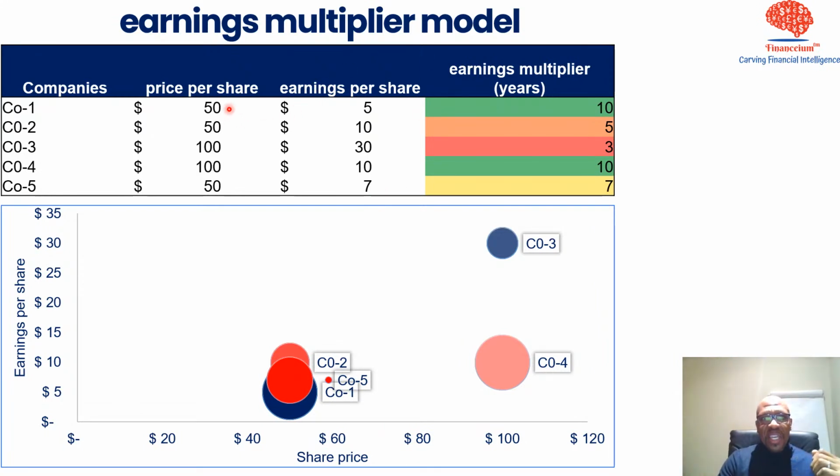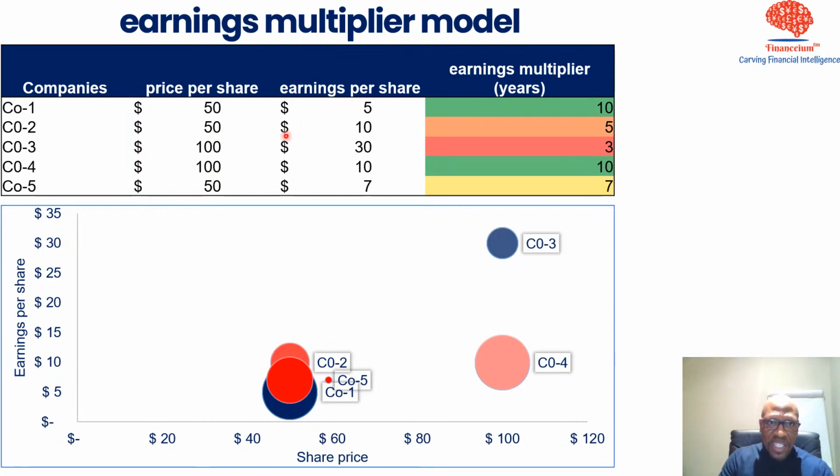So we look at the first company, where you've got a price per share of $50 and earnings per share of 5. You can see that the earnings multiplier here is 10 years. It basically says this company is trading at 10 times its earnings. Let me say, the earnings that you're receiving today are what you'll have received in 10 years. That is the better way to put it.